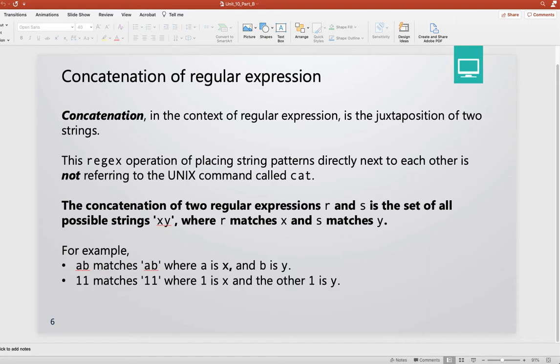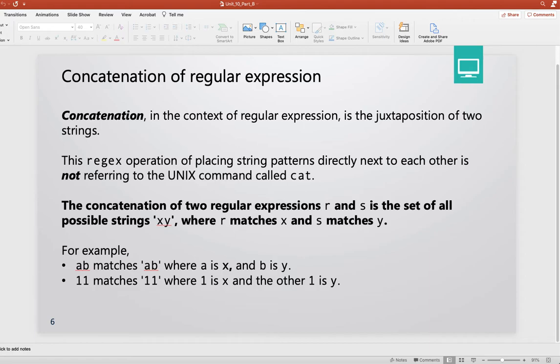Concatenation in the context of regular expressions is the juxtaposition of two strings. Basically, concatenation is like combining two strings together, and this regex operation of placing string patterns directly next to each other is not referring to the Unix command called cat.